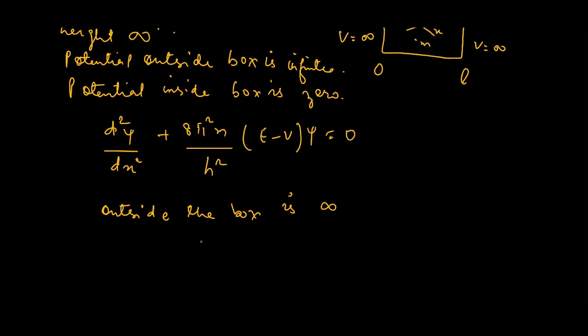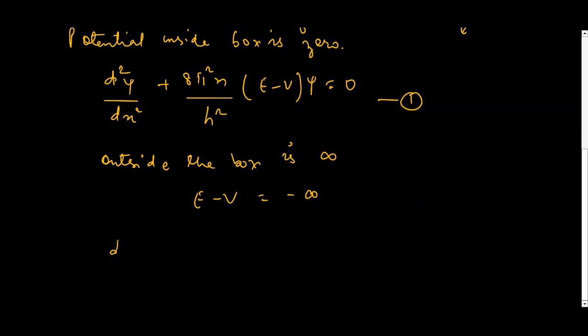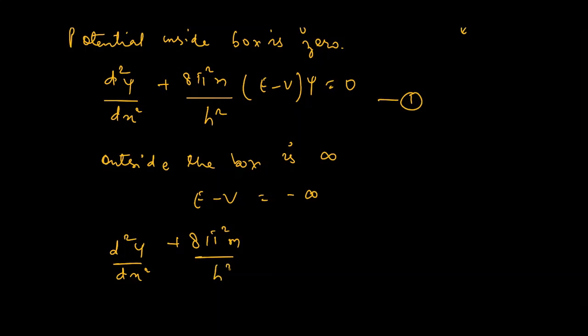So substituting this, we get E minus V is equal to minus infinity. Now if we put this in equation 1, we get d square psi upon dx square plus 8 pi square m upon h square into minus infinity psi is equal to 0.